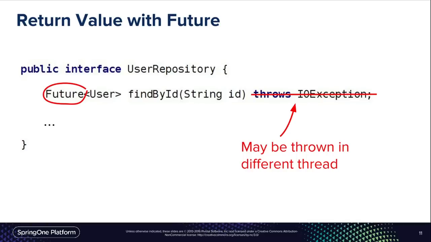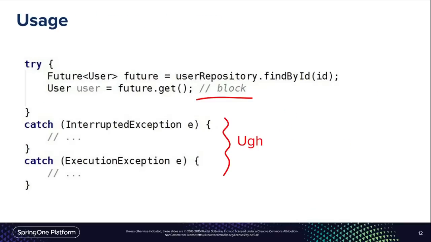Now, let's replace that with a future. And we also have to take out the exception from the declaration, because that may come from a different thread. But the problem with futures is that there's really not much that you can do with it when you start using it in multiple places. So if you just make a single call, eventually you'll need to get the value.